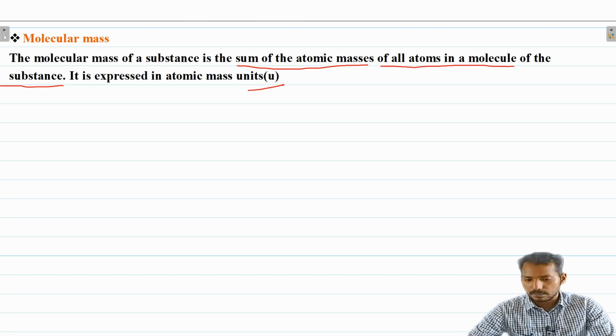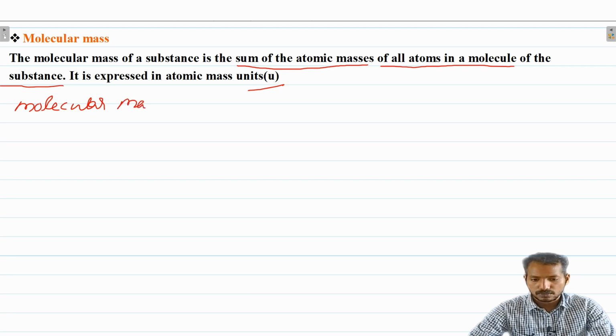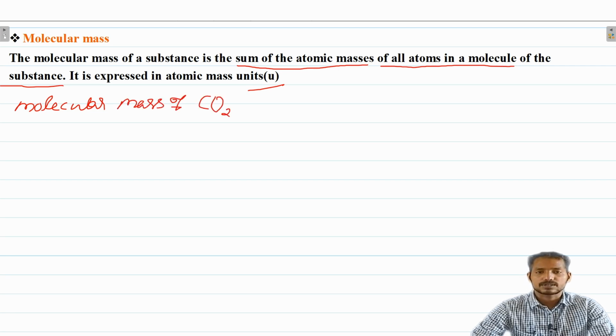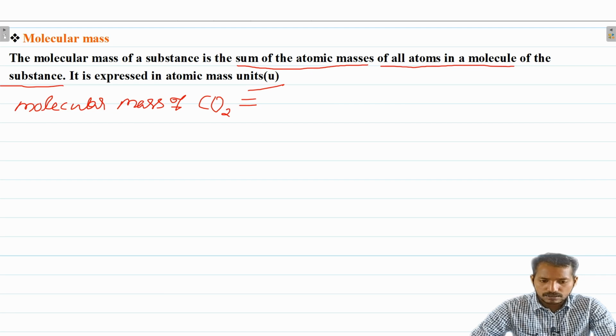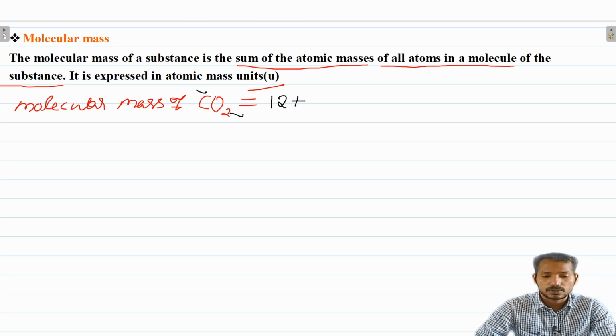Let's take two examples. First one is molecular mass of CO2, carbon dioxide. How to calculate the molecular mass of carbon dioxide? That is very simple. How many carbon atoms are there? One carbon atom here. So, atomic mass of carbon is 12, plus how many oxygen atoms are here? 2 oxygen atoms.